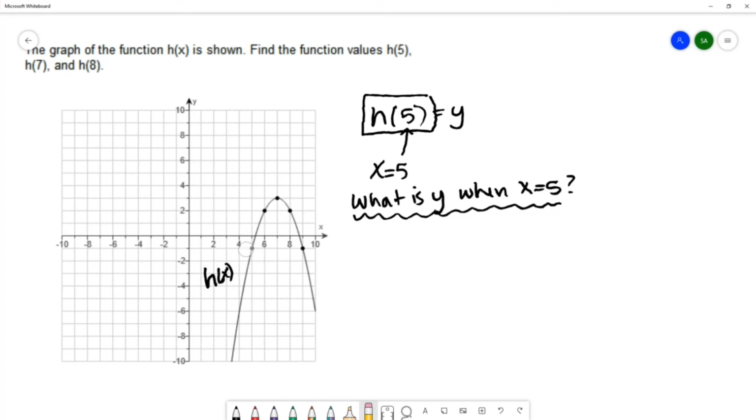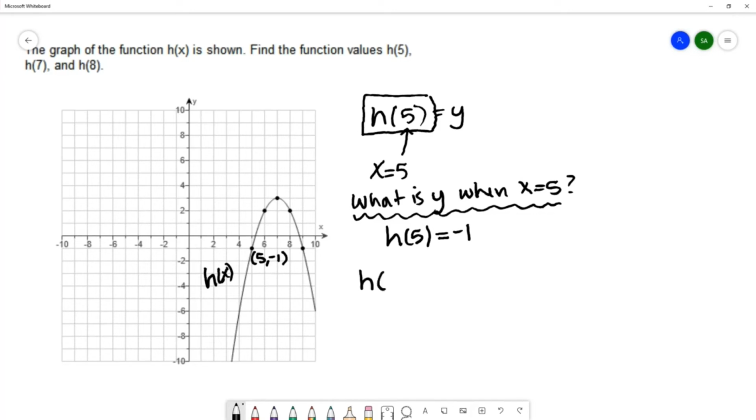And if we go over here to y, we can see that the y-coordinate at that point would be -1. So we can label this point as 5, -1, and that tells me that h of 5 is the y-coordinate, which is -1.